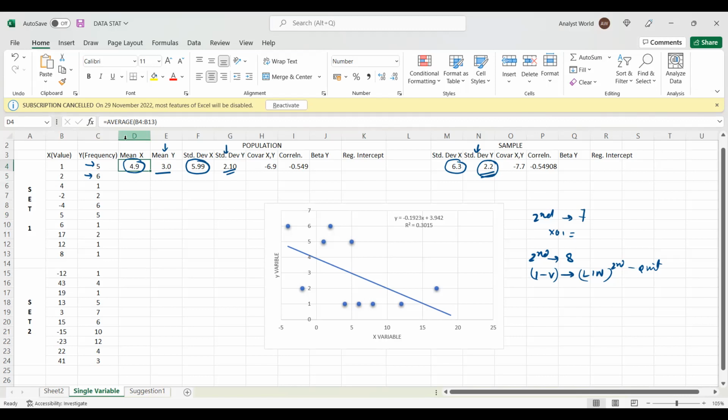Down key, press down key and keep on telling me the data. We don't have time. A equal 3.94. Okay. And B equal minus 0.19. And R equal minus 0.54.